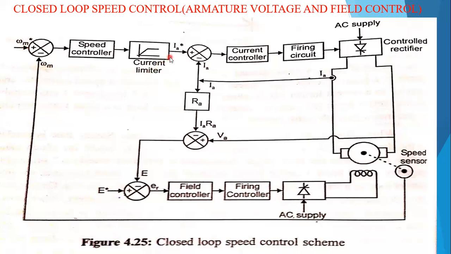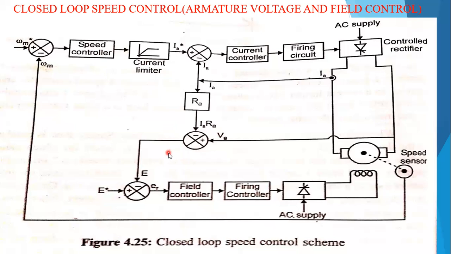IA star is set to 0 because IA star is of no use until the reference speed is increased again, making the speed error positive and charged by the PI controller inside the speed controller. The speed controller takes longer to respond. So in this way, speed below base speed can be controlled. This is called the armature voltage control method.